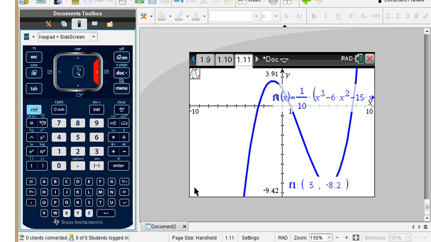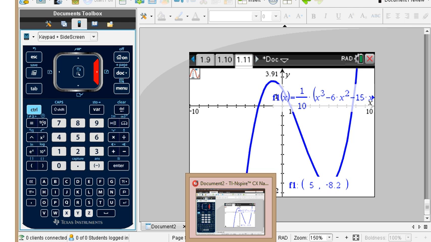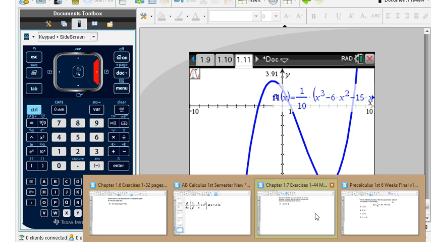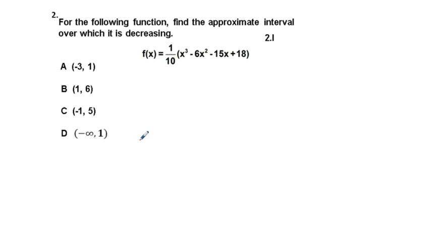So from x equals -1 to x equals 5, that is going to be our approximate interval. I think that's actually an actual interval over which the function value is decreasing.